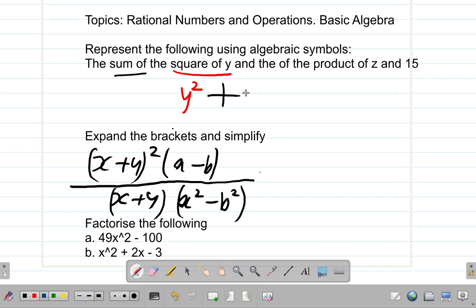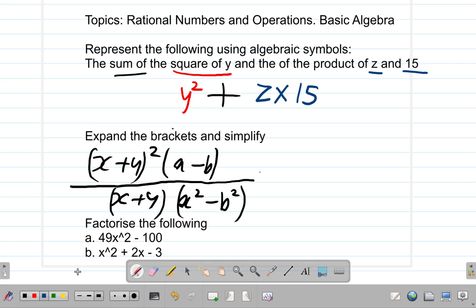So y squared will add to some things multiplied. The product of what? The product of z and 15. Alright. So it is the sum of the square of y and the product of z and 15.